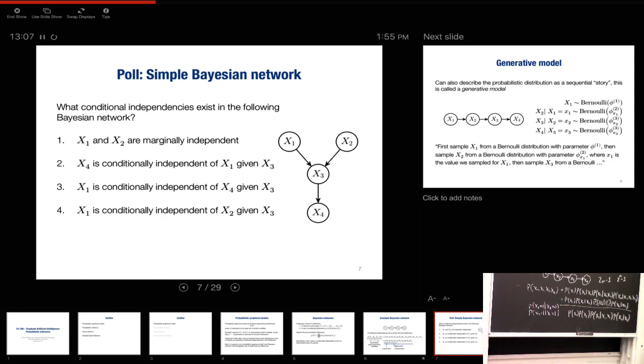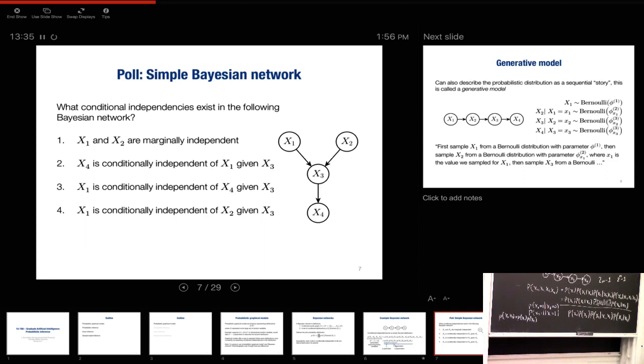So now I have a few questions about conditional independence in this network. This is actually true or false for each of these. So the questions are: are x1 and x2 marginally independent? That means probability of x1 and x2 equals probability of x1 times probability of x2. And are some variables in this conditionally independent given a third variable?